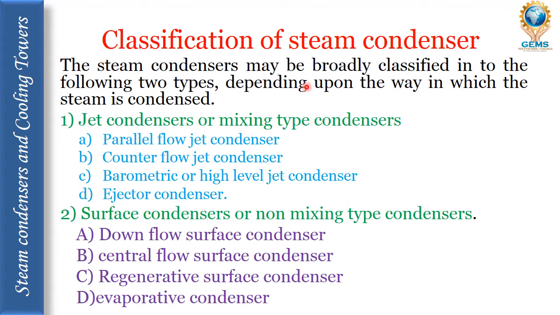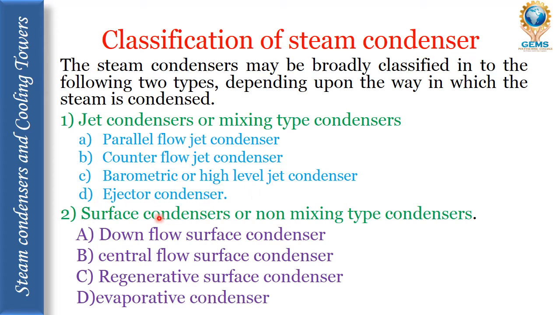Now let's see the classification of steam condensers. The steam condenser may be broadly classified into two types, depending upon the way in which the steam is condensed. First are jet condensers or mixing type condensers. Under this are the parallel flow jet condenser, counter flow jet condenser, barometric or high level jet condenser, and ejector condenser.